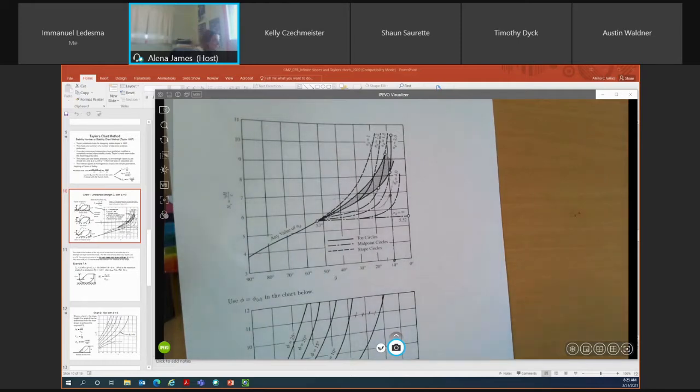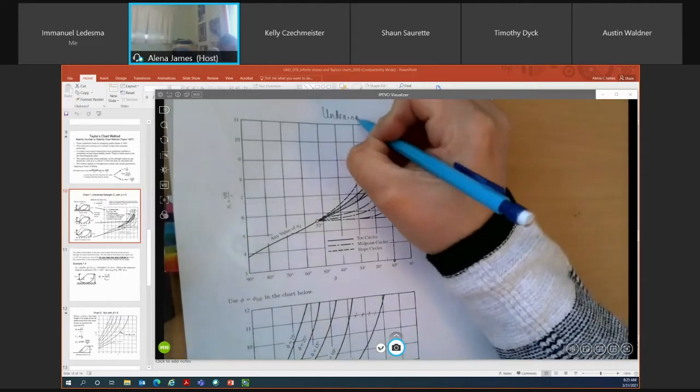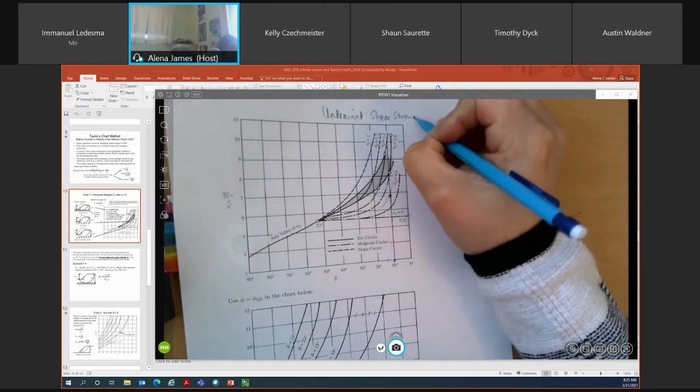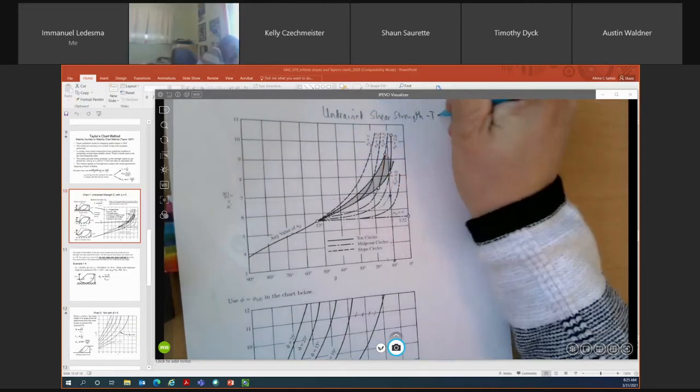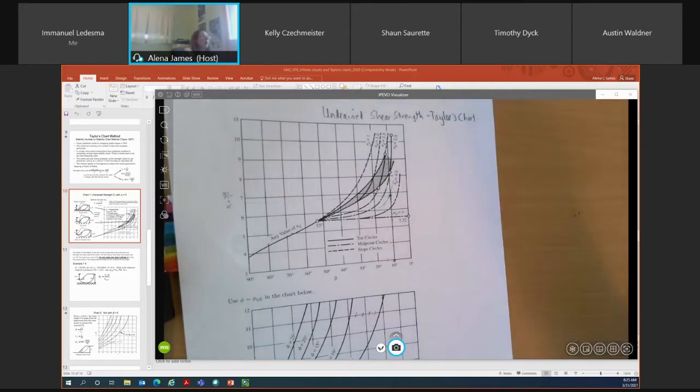This is my undrained shear strength, Taylor's chart, to determine what my maximum slope angle is for the stratigraphy and for the configuration that was presented in this example problem.